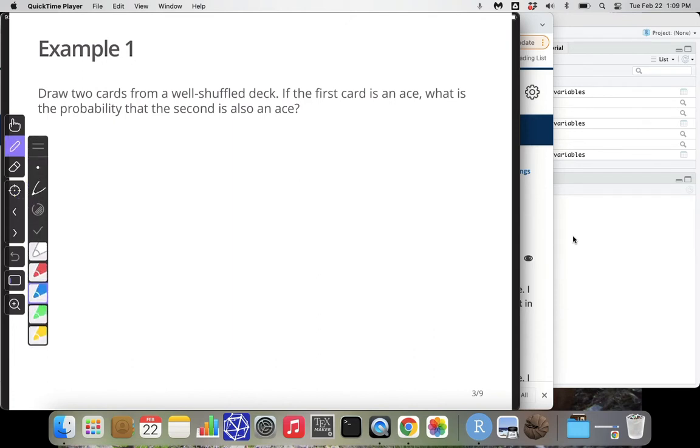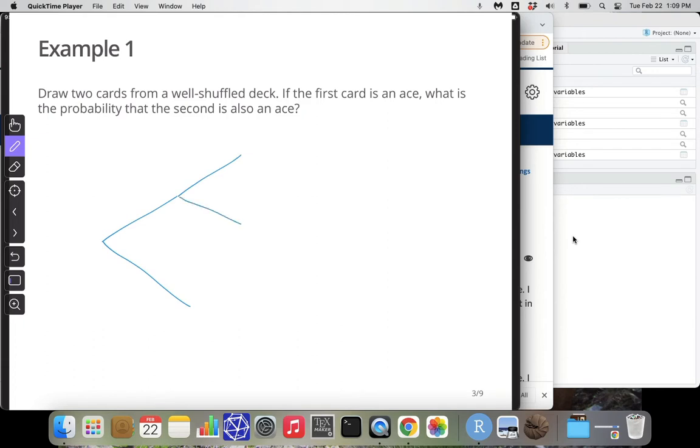Many times we'll represent situations like this with a probability tree where you say, okay, ace first, ace second, or not ace first, then ace second. So we'd have our events A, A complement, B, B complement. The probability of drawing an ace first is 4 out of 52.